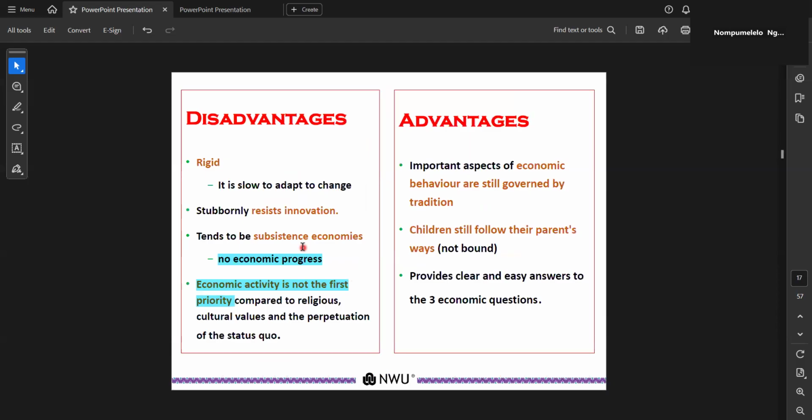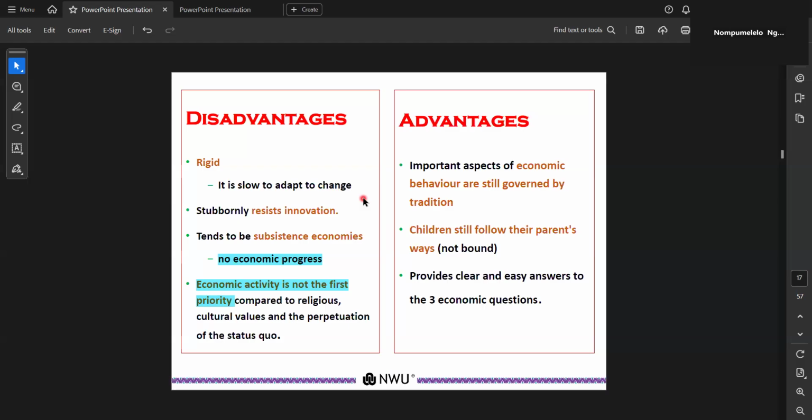Then the disadvantages: it's a rigid system, which means that it is slow to adapt to change. Looking back at the example I just did, in rural areas, you find that on a farm maybe there are 12 people who are farming there.